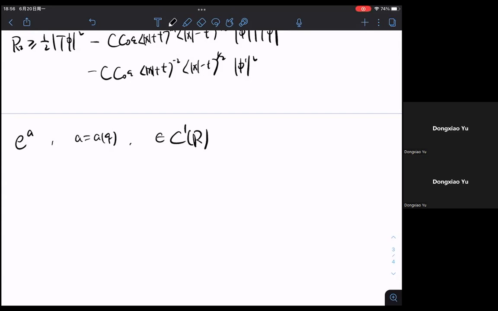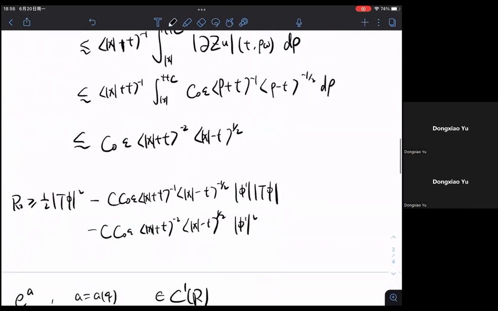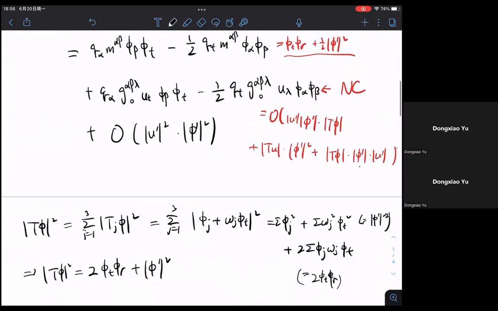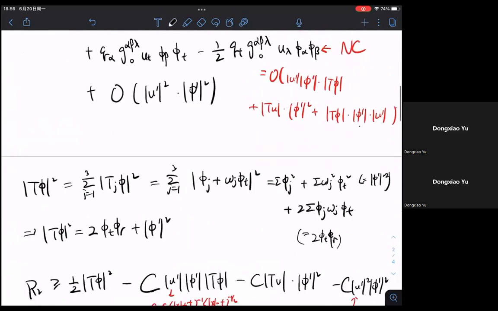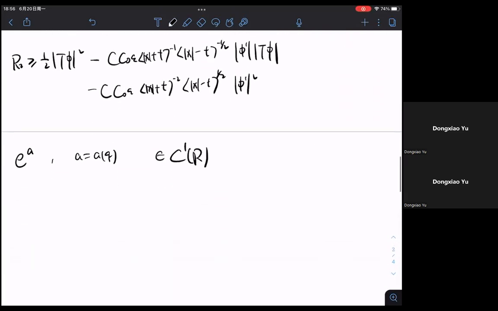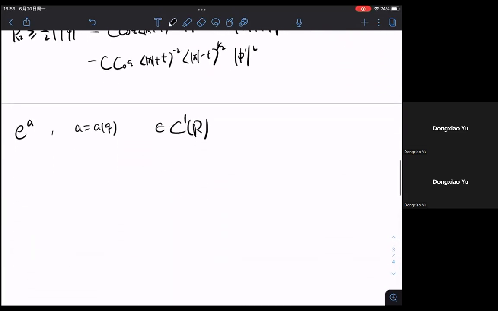But here, we need to choose this A so that we can estimate the following thing.